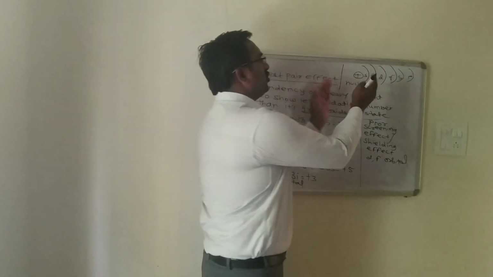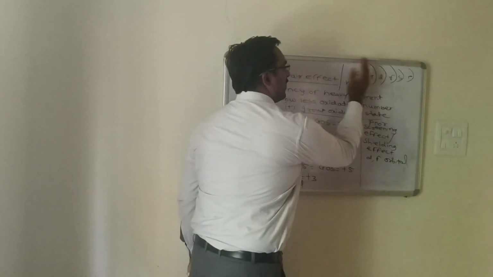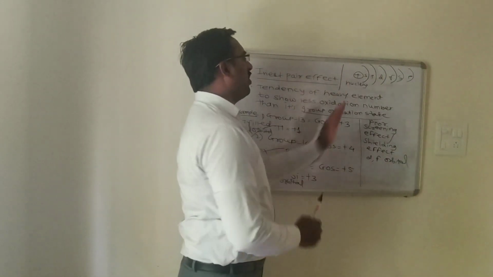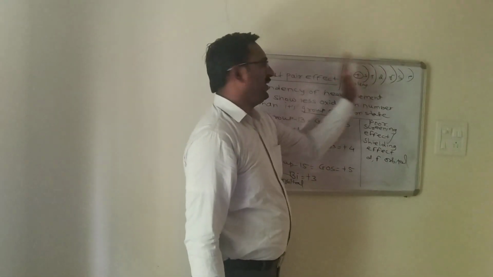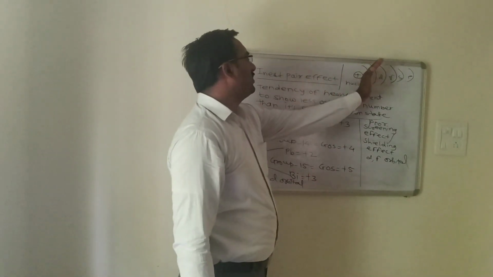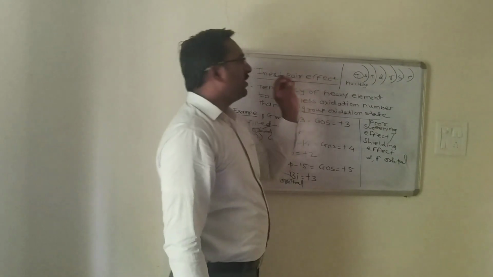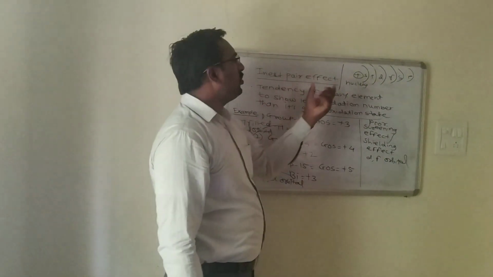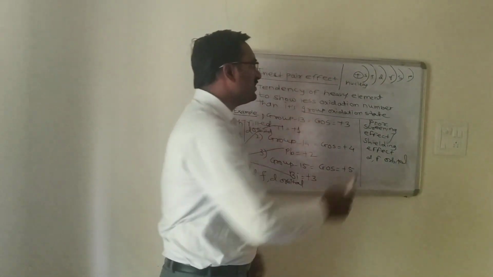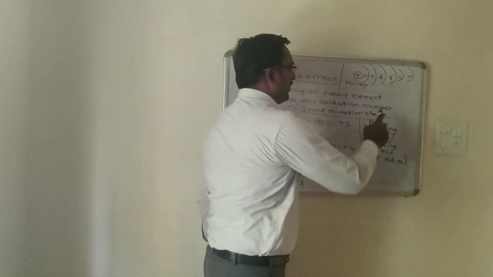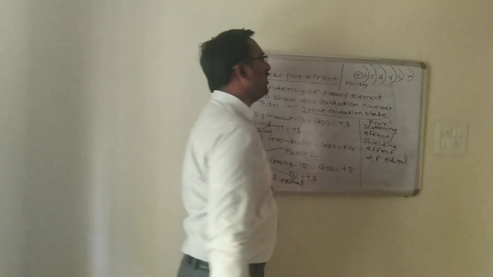So the s and p orbitals form a screen effectively. They are spherical in shape and can screen the nuclear charge, whereas the d and f orbitals have poor shielding effect.